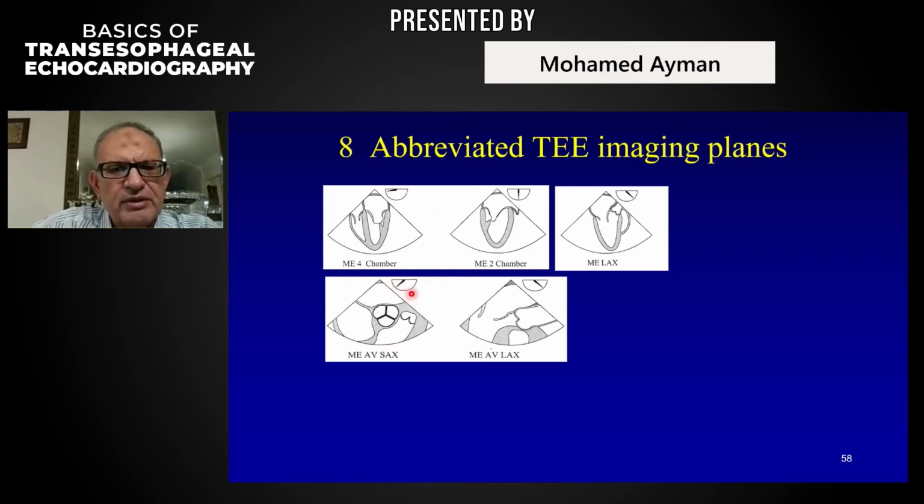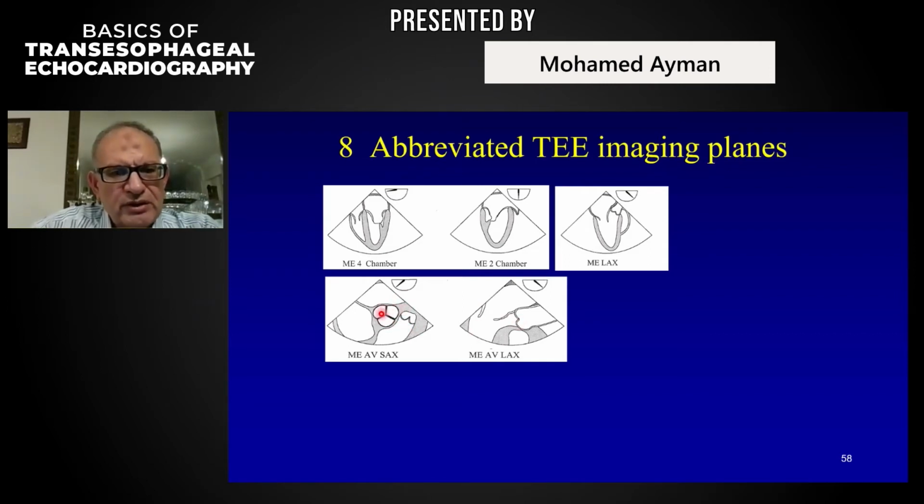Increase the angle by double, then you are going to have the long axis of the aorta. Easy. So the first 3 are concerned with the left ventricular wall motions, the mitral valve, and you will see the appendage in this. This one, I'm focusing on the aorta, short axis and long axis.